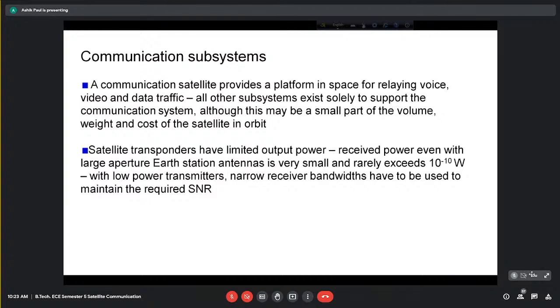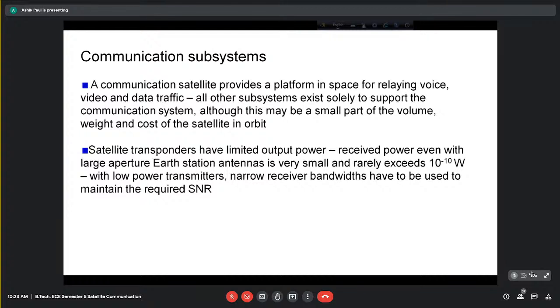The next subsystem is the crux of the whole thing. This communication subsystem is eventually the heart and soul of your communication satellite, and it is the function of all the other subsystems to support its smooth operation. The communication satellite is basically a platform in space through which you can relay your voice, video, and data traffic.